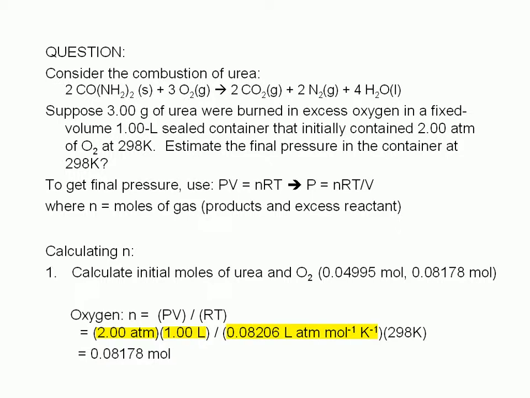R is 0.08206 liter atmosphere per mole per Kelvin, and the temperature is 298 Kelvin. Carrying out the indicated calculation, we find that we initially have 0.08178 moles of oxygen. Since we are told that there is an excess of oxygen, we assume that urea is the limiting reactant.